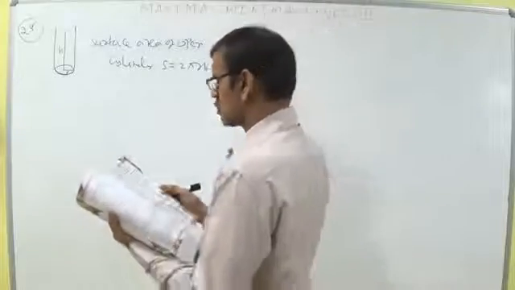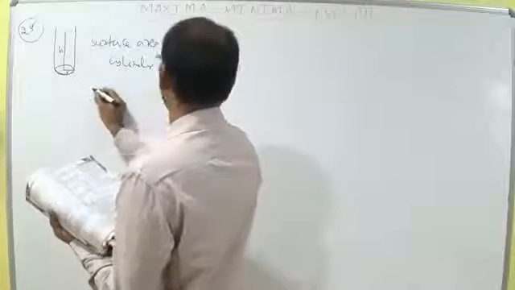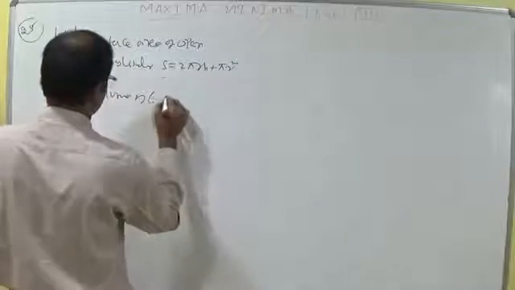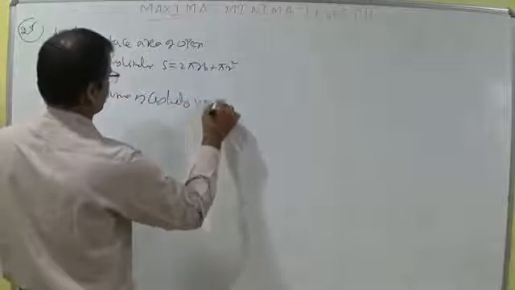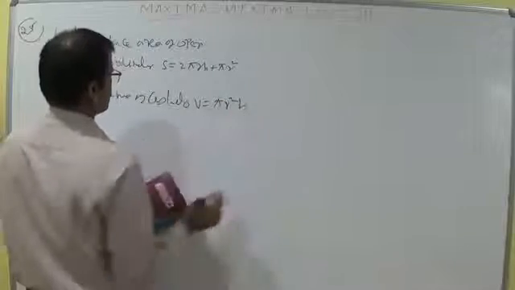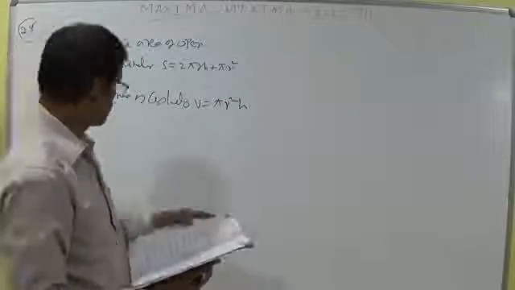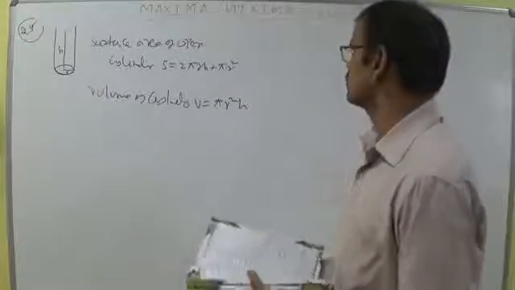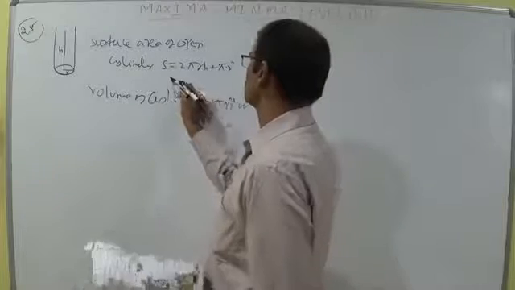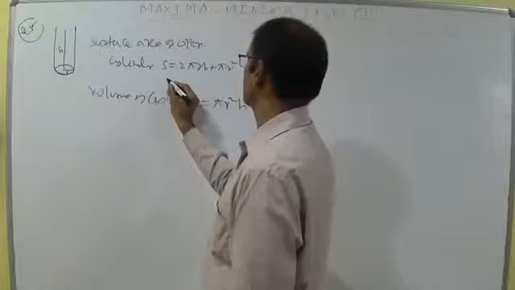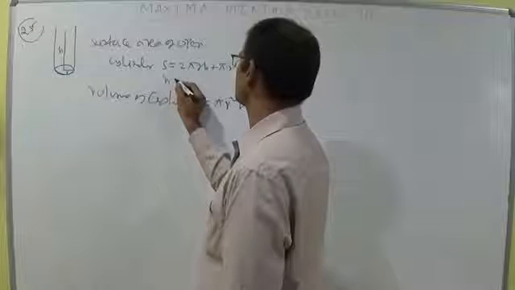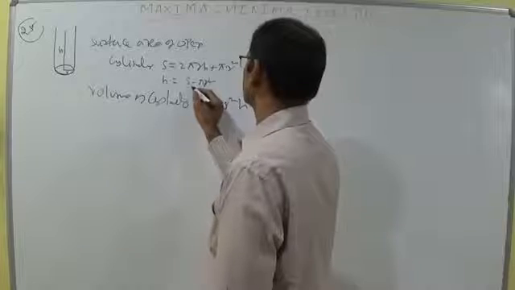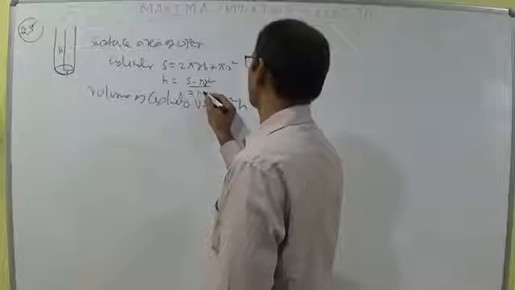Regarding the 25th question, we eliminate h. From the surface area, h is equal to S minus pi r square, divided by 2 pi r.